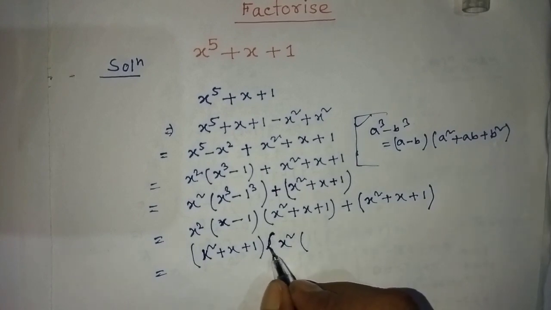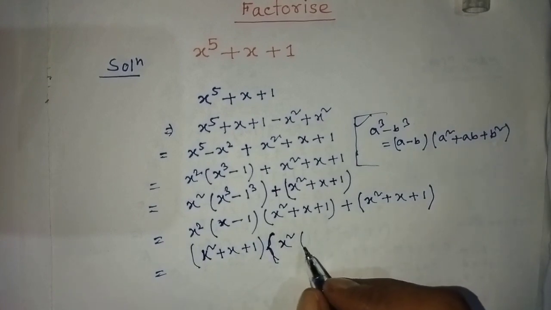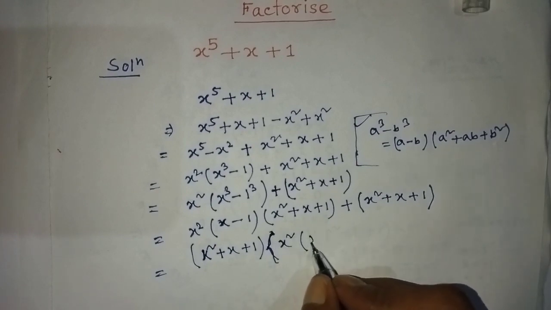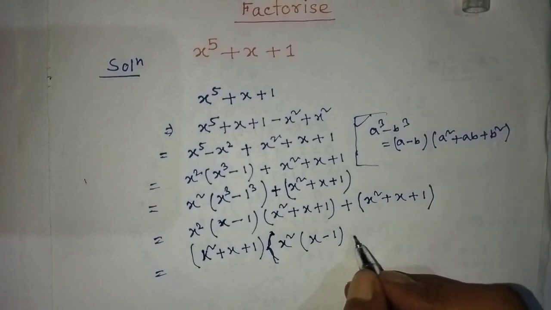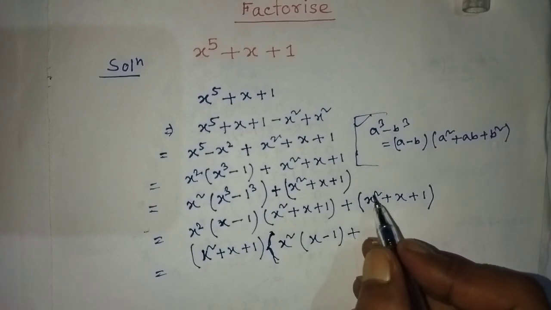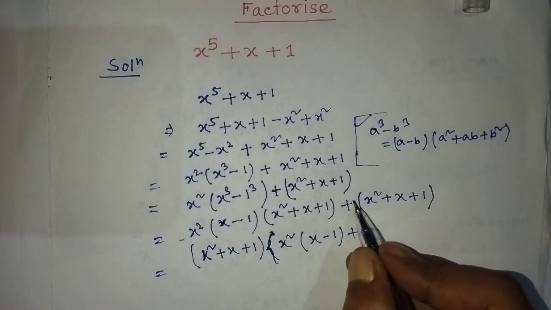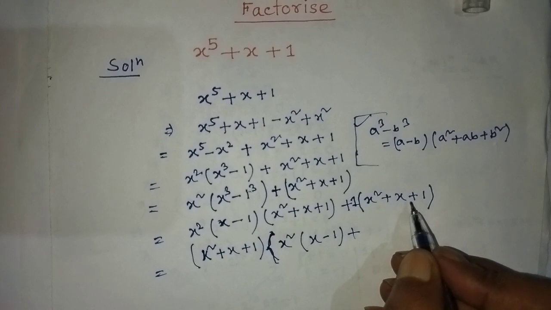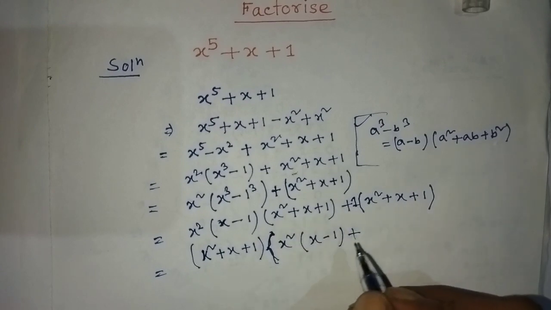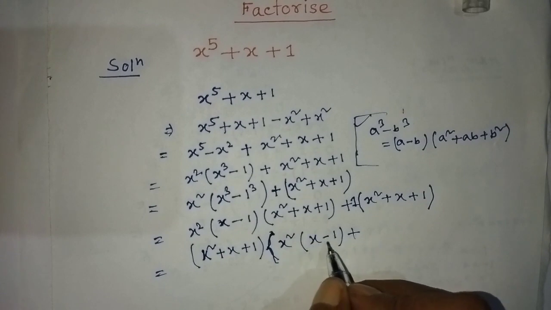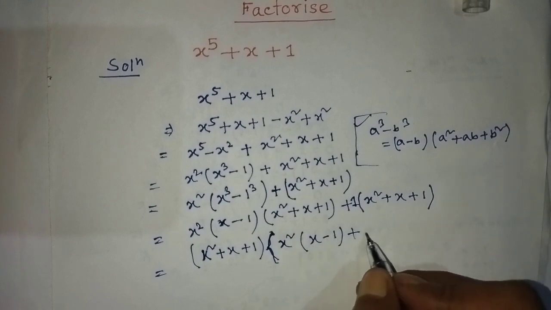Then in the second bracket we write x square into x minus 1 plus, and since before this bracket there is no number, we have to take 1. So inside this second bracket we write x square into x minus 1 plus 1.